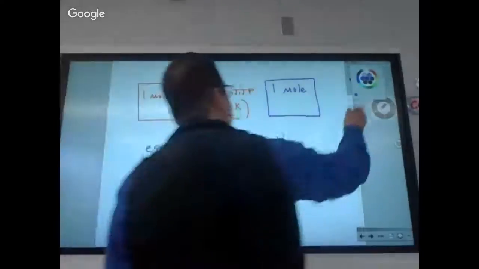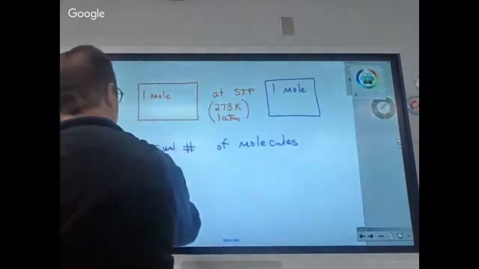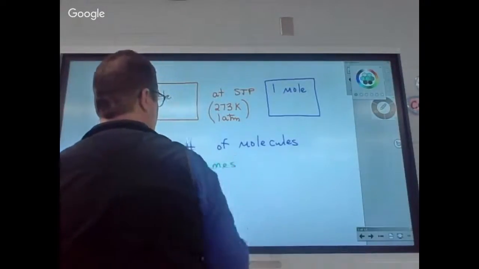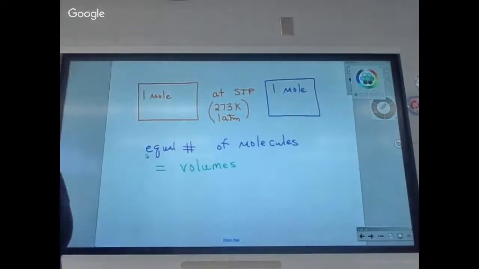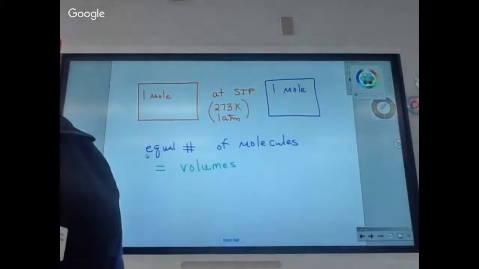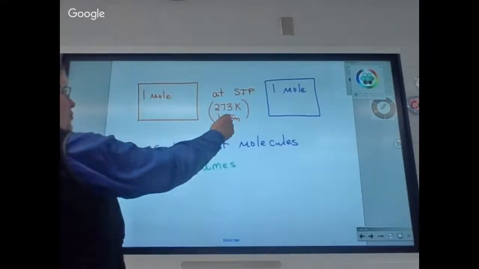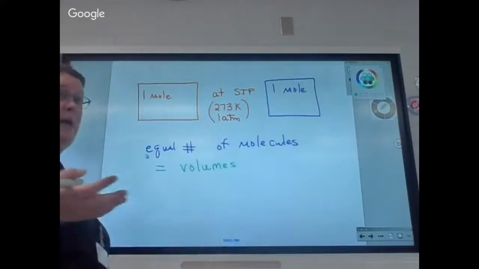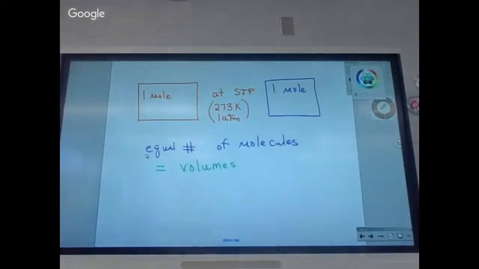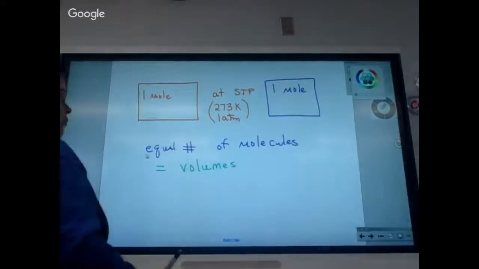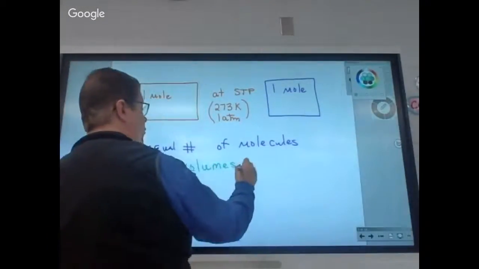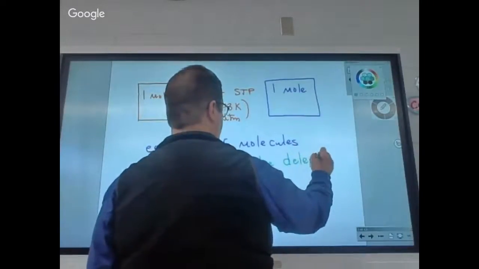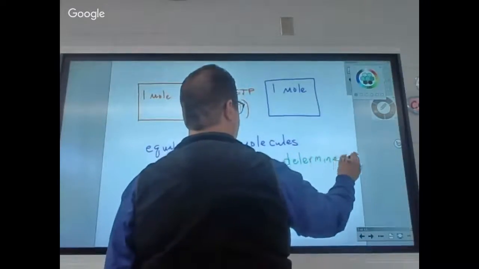Okay. He will also have equal volumes. Yes. Now, again, this only works if what? The temperature and pressure is what? The same. It has to stay the same. Now, in this particular case, he gave us STP. So, not only are the volumes equal, he determined the volume. Told you, because he's extra special.